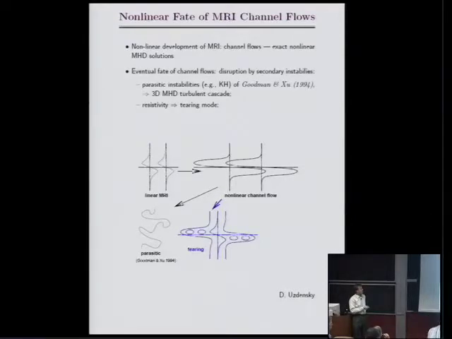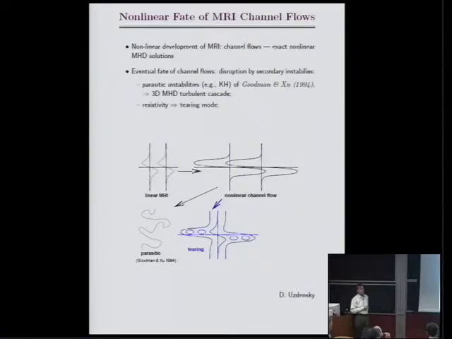This channel flow is essentially a current layer, which can be subject to tearing mode, in which case magnetic islands will be produced. As far as I know, this hasn't been studied in any detail. I would like to encourage studies of this, because tearing mode is known to have very interesting behavior, both linearly and nonlinearly, and I think something useful can be done here.